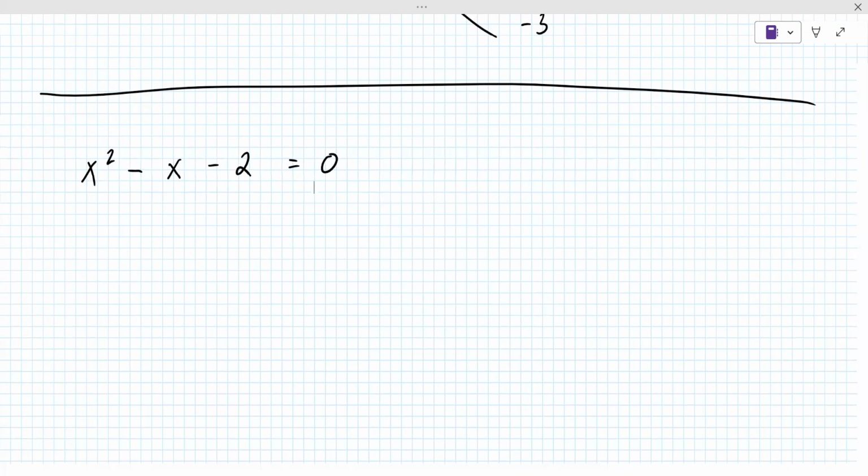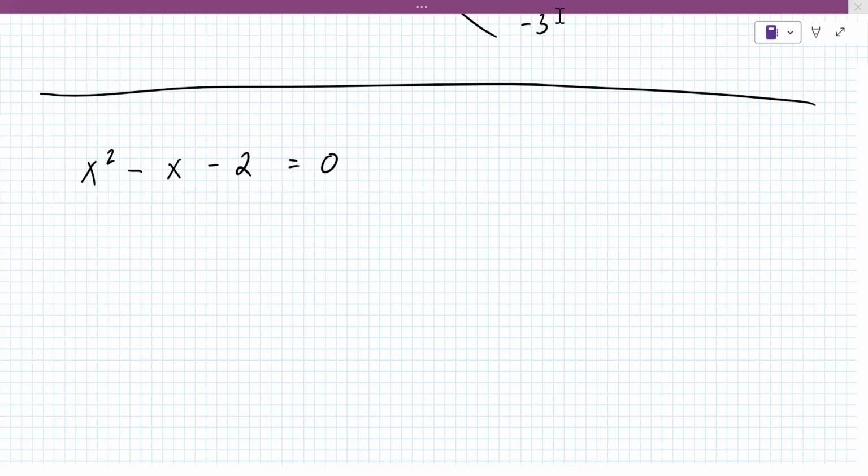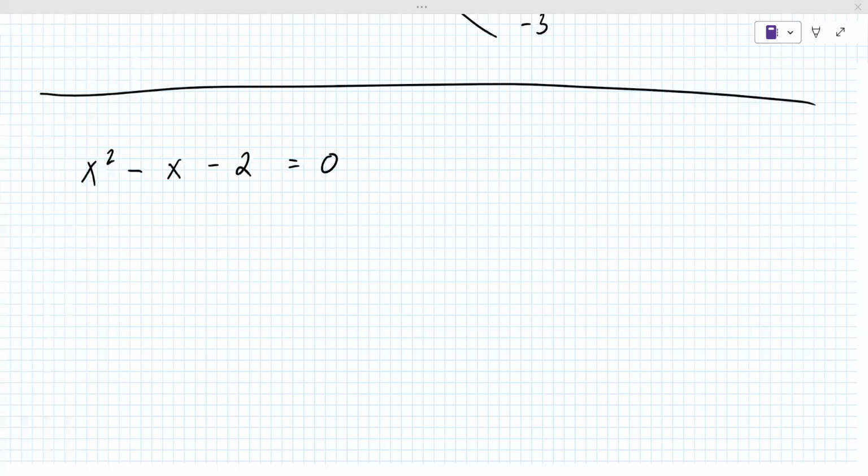So that'd be x minus 1/2 squared equals 0 plus 1/4 equals 1/4. And x minus 1/2 equals the square root of 1/4, the square root of 1 over 2. So then this one does work out nicely. So just keep that in mind.